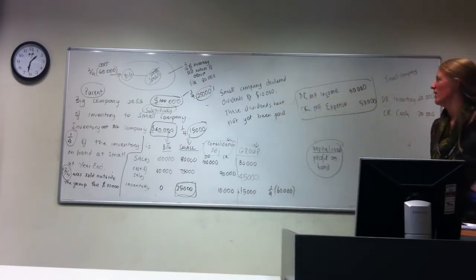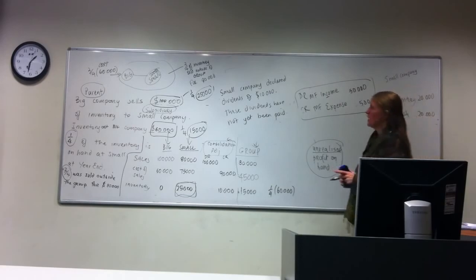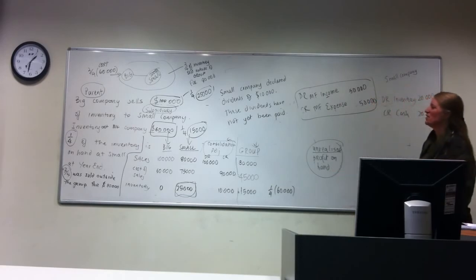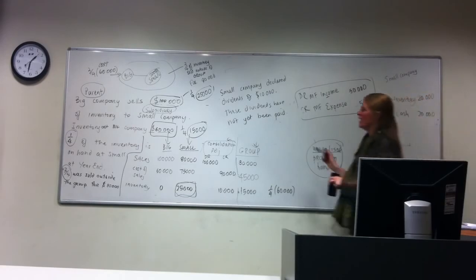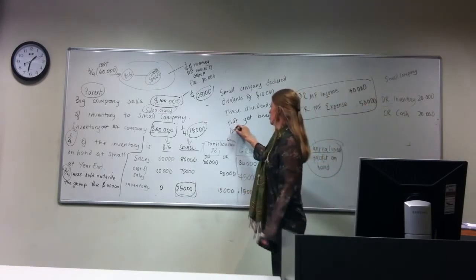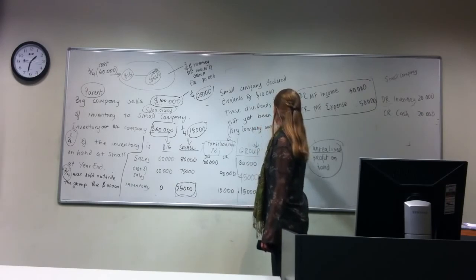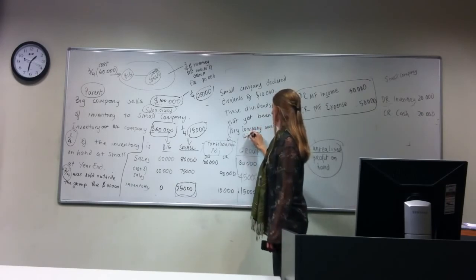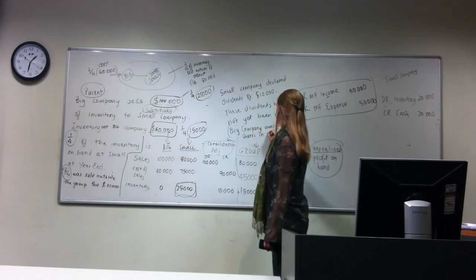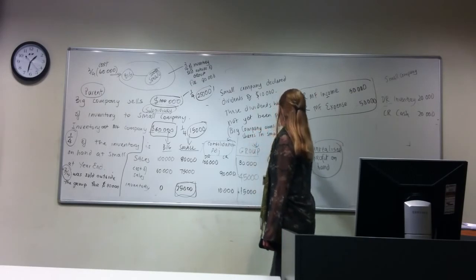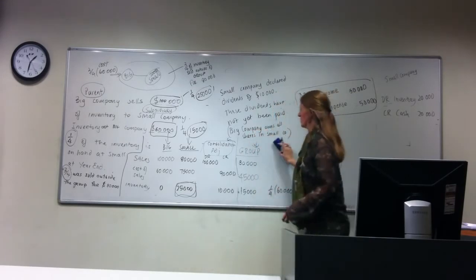Okay, so I've said to you, small company declared dividends of 10,000. These dividends have not yet been paid, and let's say that big company owns all shares in small company. Okay, what are the necessary journal entries?